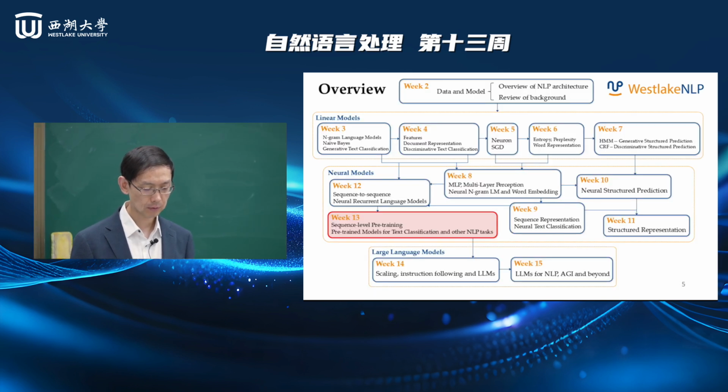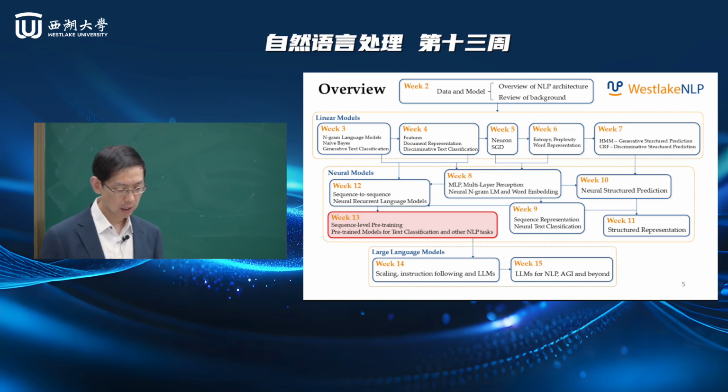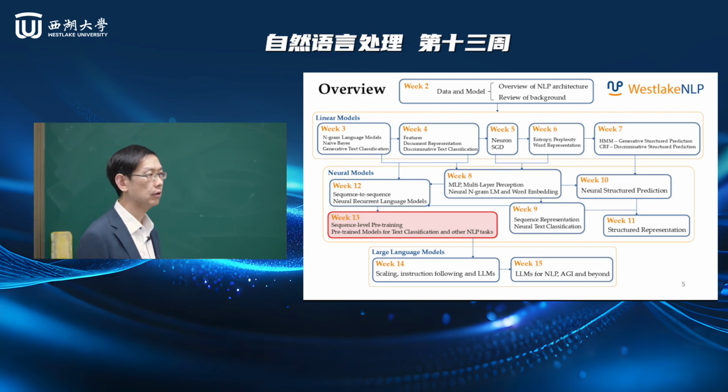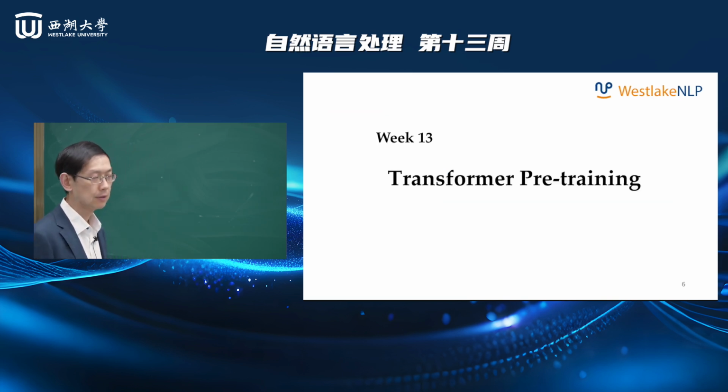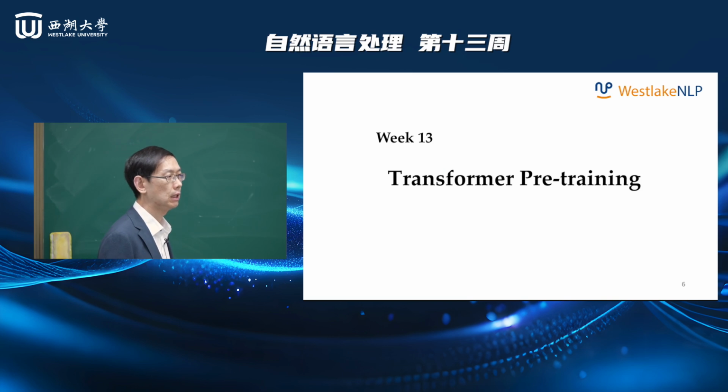All right, so here is where we are now. We are in week 13, one week before LLMs, and we discuss an important era of NLP, which is called the pre-training era. The story all begins with ELMo, but then people found that you can do more smart things compared with ELMo.